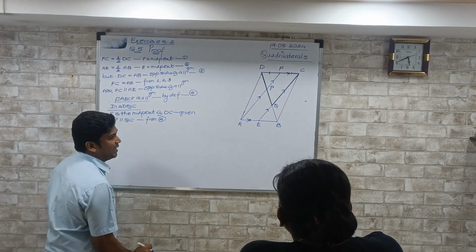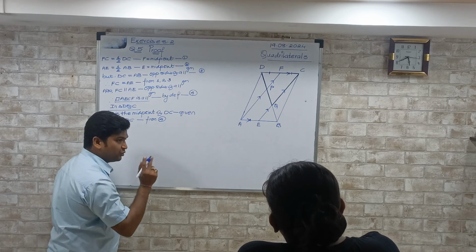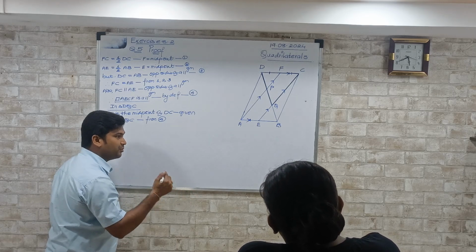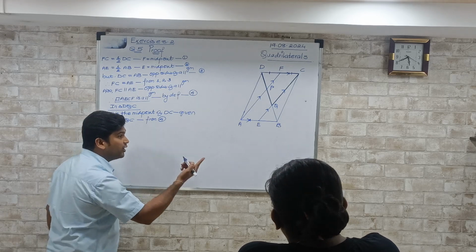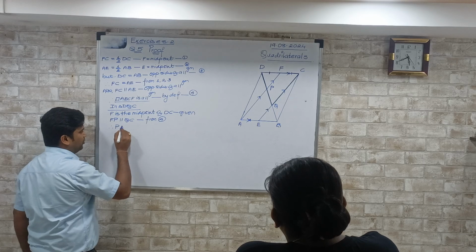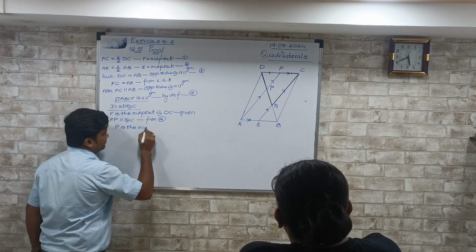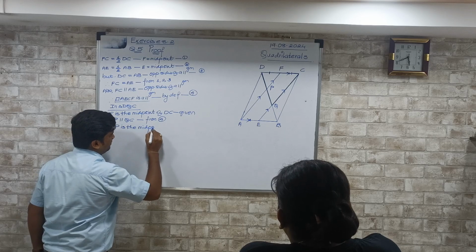Now come on, you tell me what is going to happen. Which is the third side of the triangle which is pending? DQ. So that gets bisected. And that means P is the midpoint of DQ. Very good. So I can say therefore P is the midpoint of DQ.